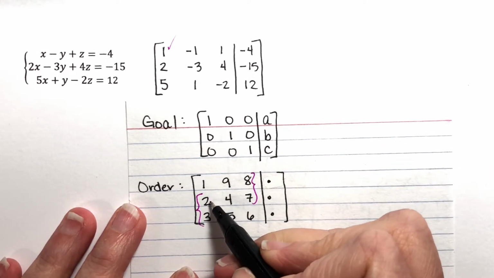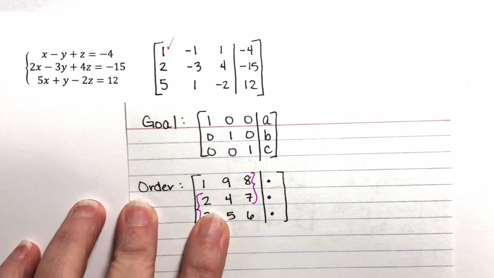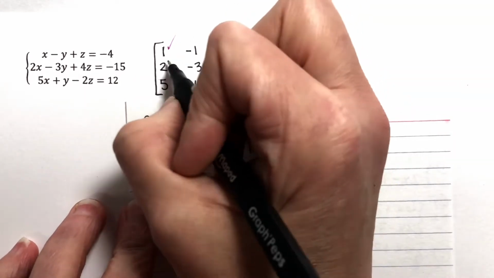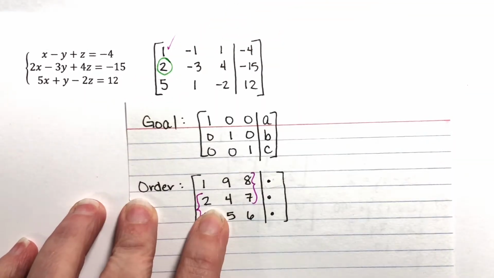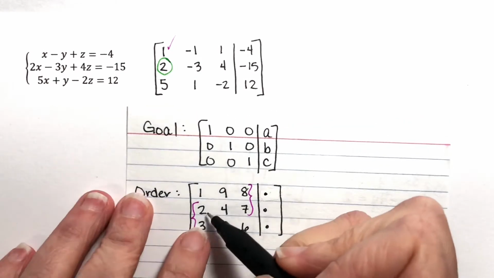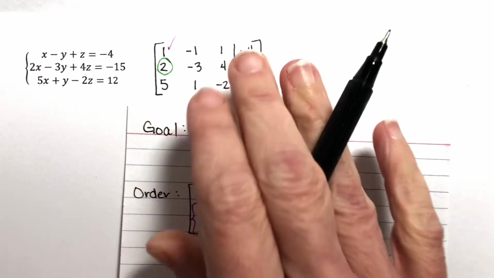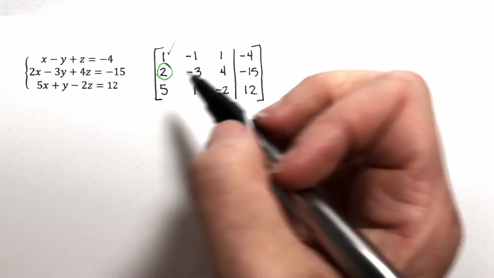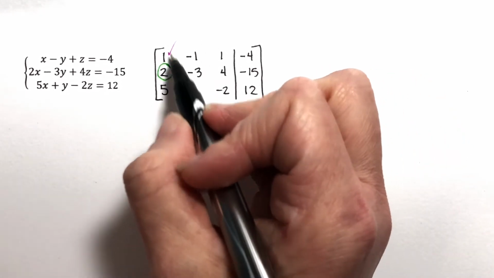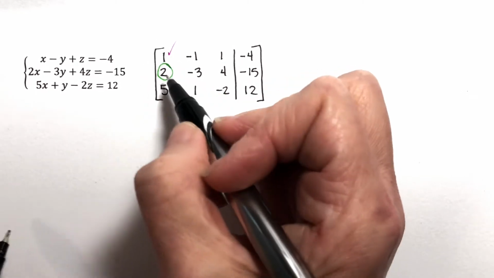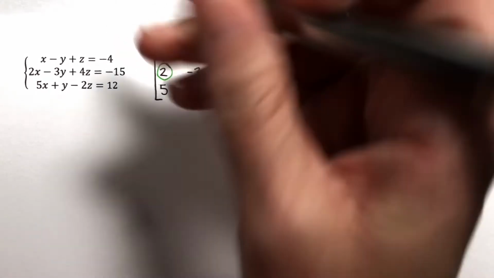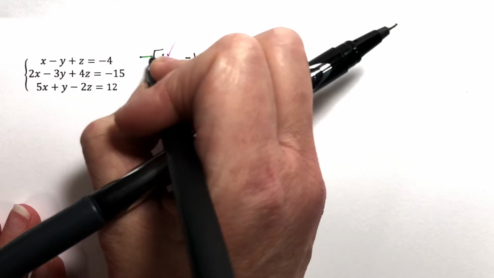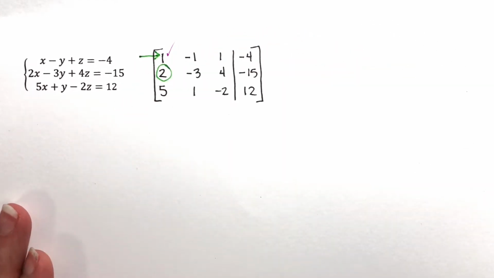For my second step, I need a 0 right here. We get 0s with a tool row. Where is my tool row? Well, remember, we always have created a 1 in our column, or at least made sure it was there. We just checked this one, so this is going to be my tool row.